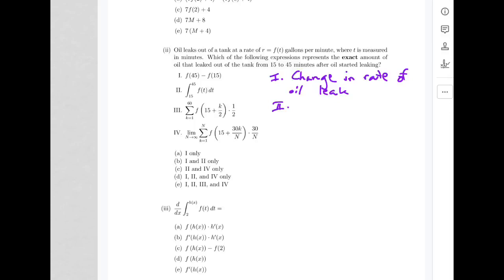So this is the total change in oil leaked.